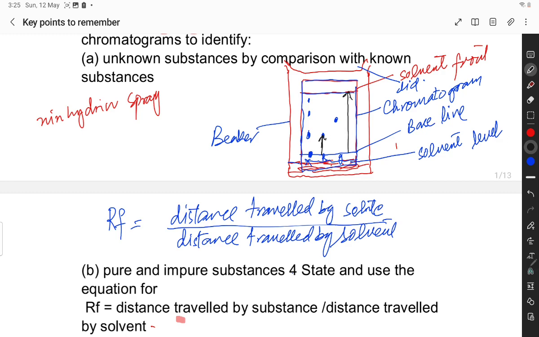For example, this is 3 and this is 10. So 3 is the distance traveled by the solute divided by the distance traveled by the solvent, let's say 10. So the answer is 3 divided by 10, which is 0.3. So 0.3 is the Rf value of red dye.